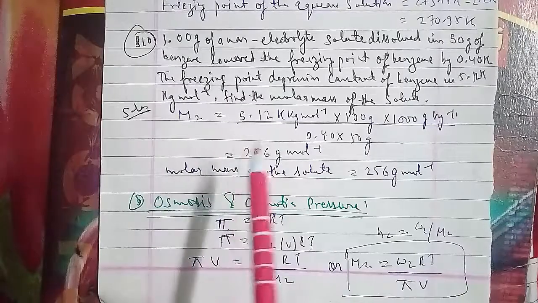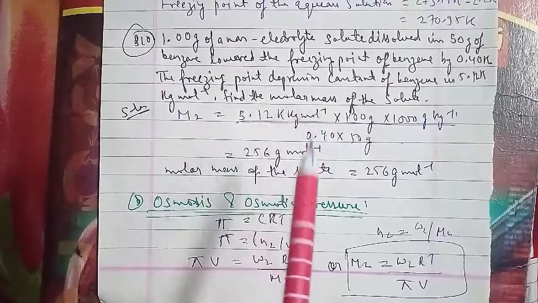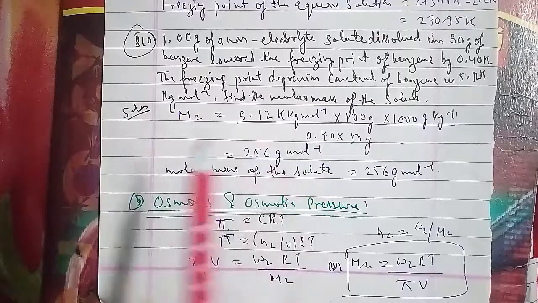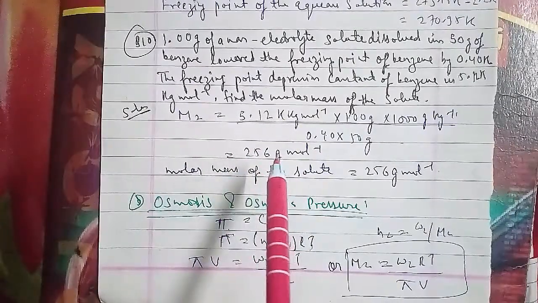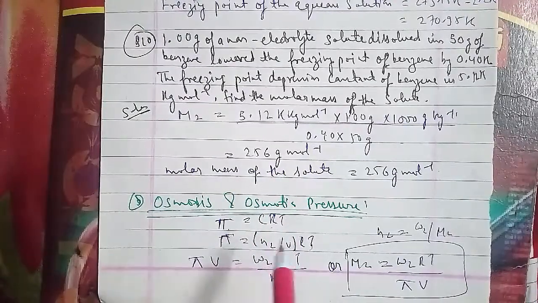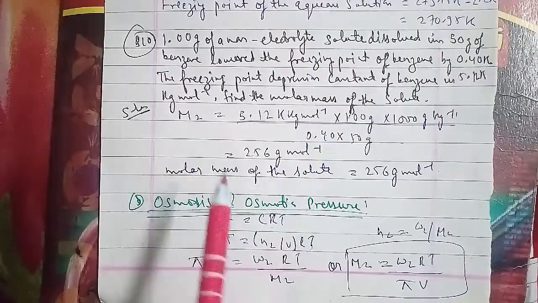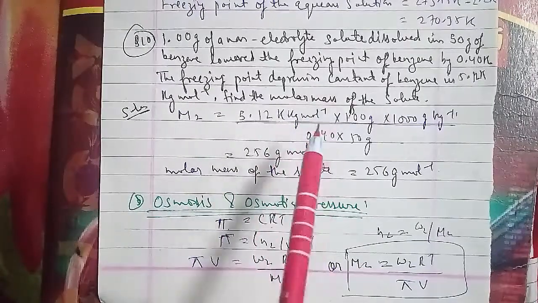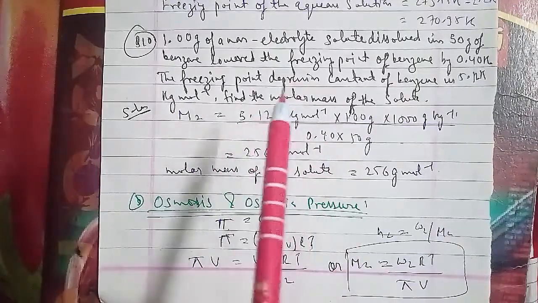Let's go ahead with the question, the 11th question of the session. 200 centimeter cube of an aqueous solution of a protein contains 1.26 gram of the protein.